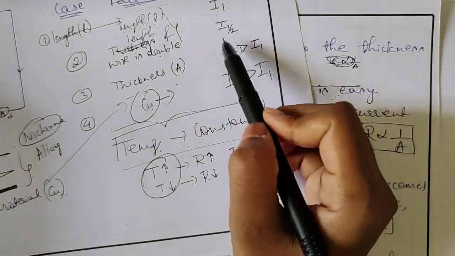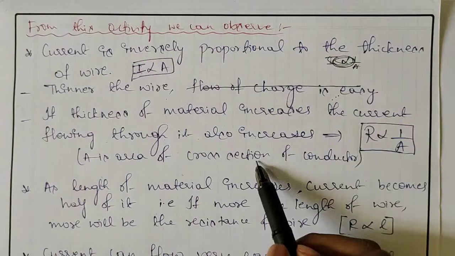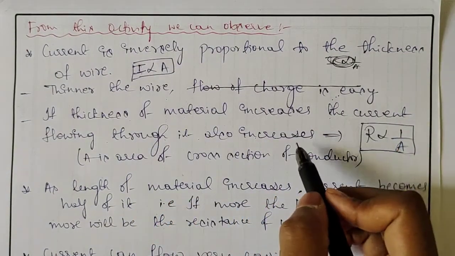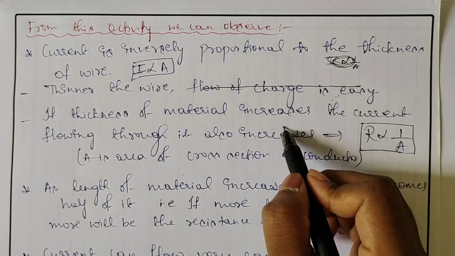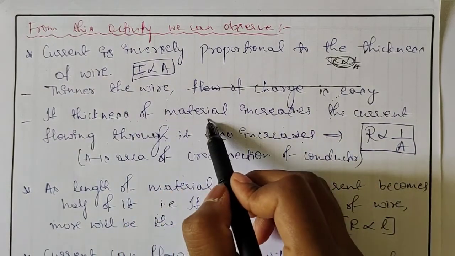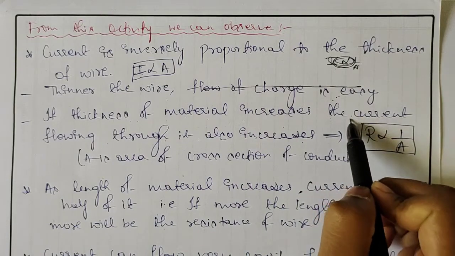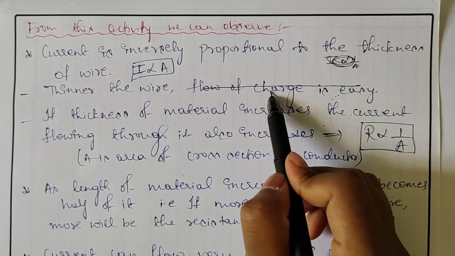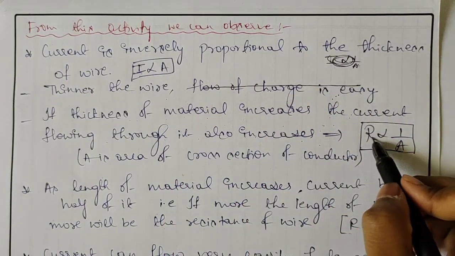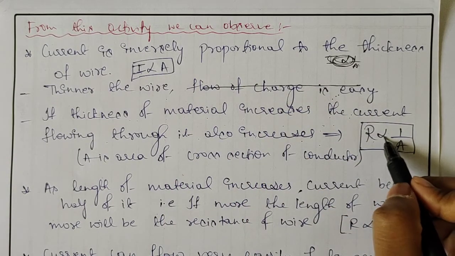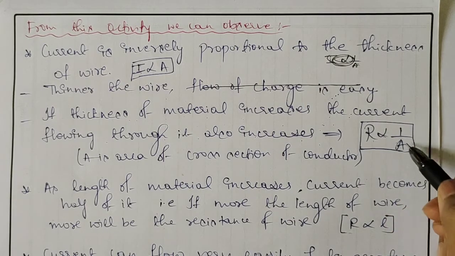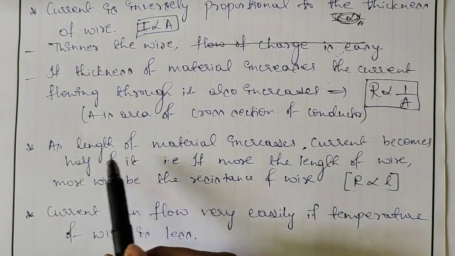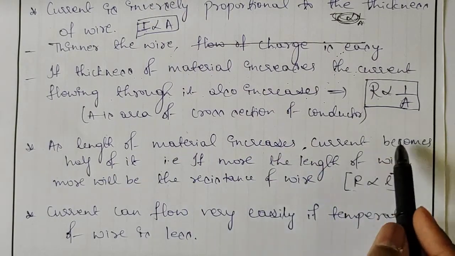From this I can conclude that if the thickness of a material is more, the flow of current will also be more. I can also say if the thickness is less, the flow of current will be less. Now I can write this in a formula: R is inversely proportional to area of cross section. And the next one, as the length of the material increases, current becomes half.